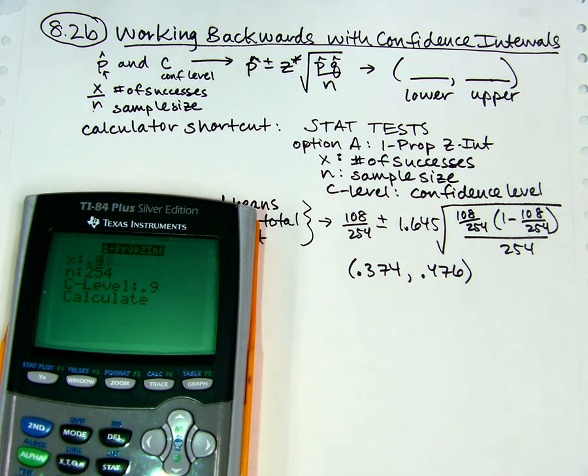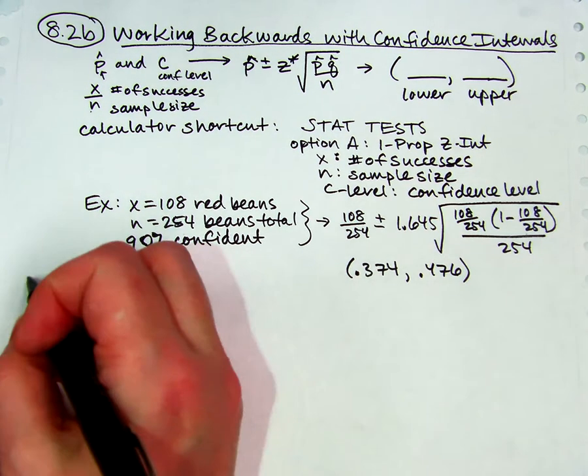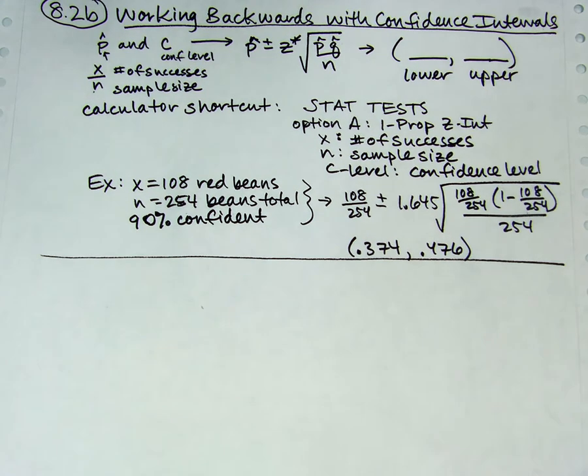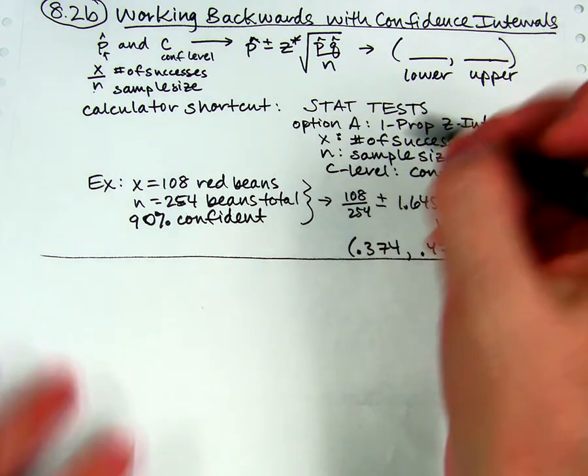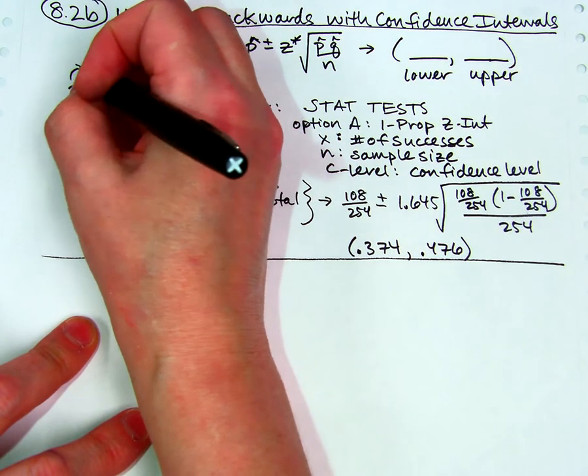You could type 0.425 times 254, and then notice it's a decimal and change it, which is what you should do. So change it to the nearest whole number, and then the calculator can handle it. So that is the calculator shortcut, and I wanted to start with that. So I hope that you will remember, well, maybe I should write it down. These numbers have to be whole numbers, or else the calculator just can't deal with it.